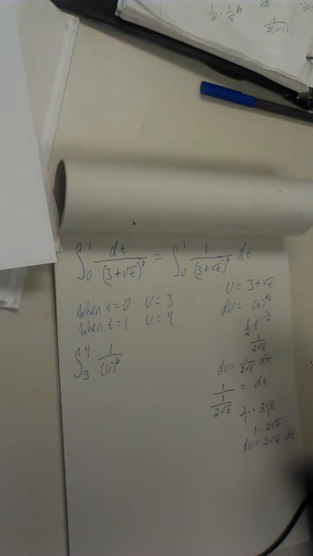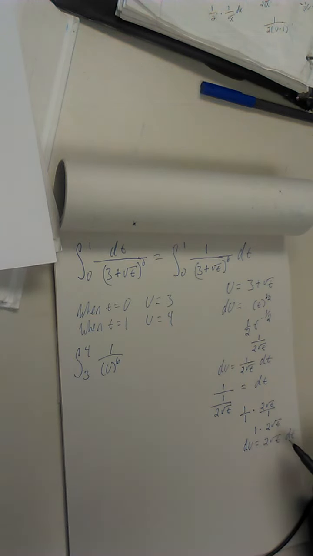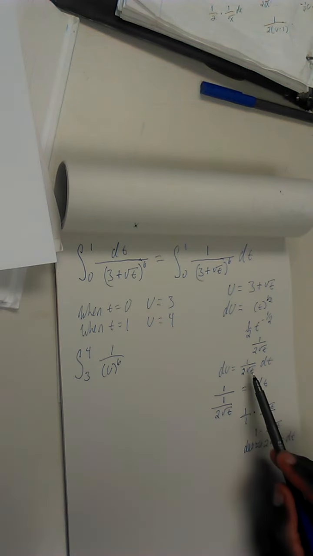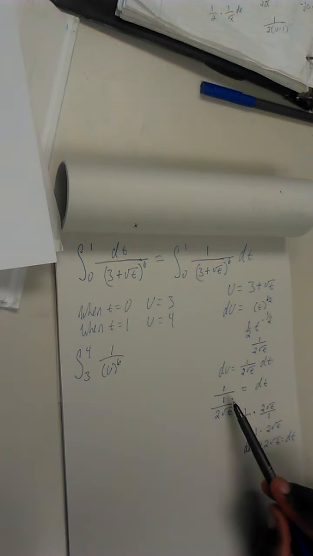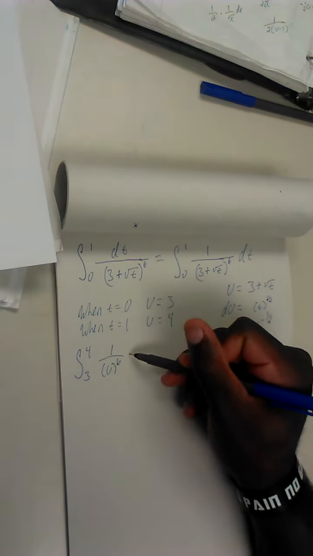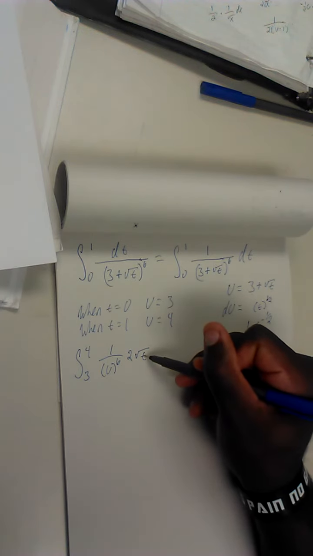Right, so dt is equal to 2 radical t du, because we multiplied this over here. So we're looking at 2 radical t.